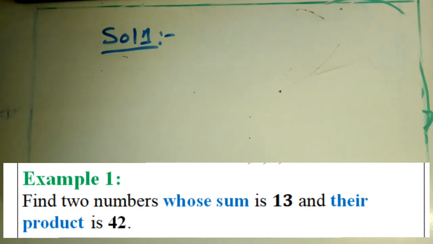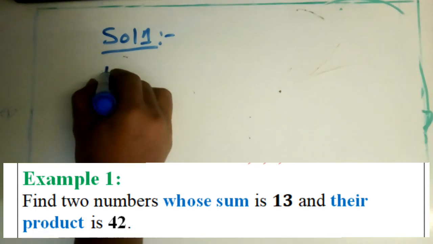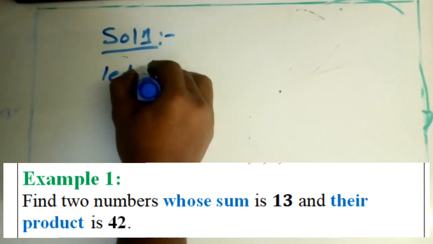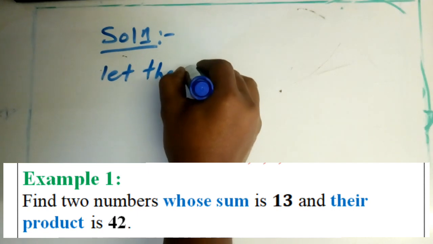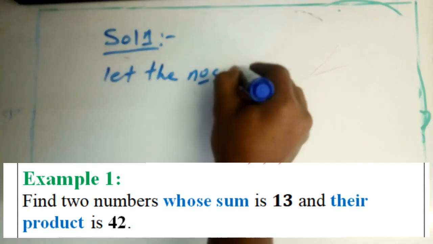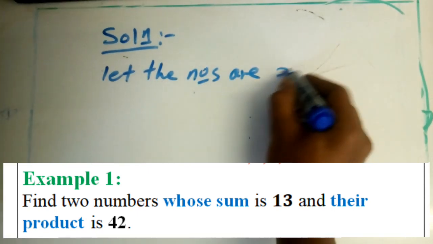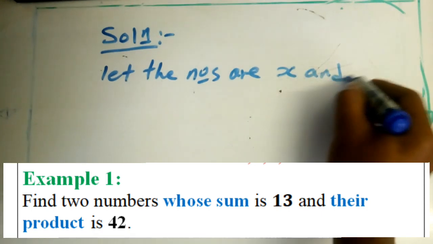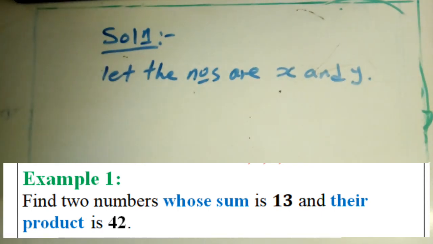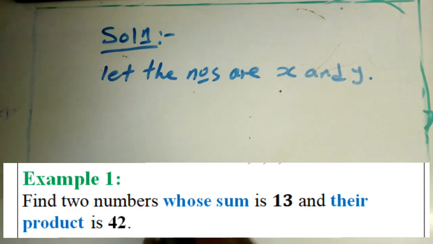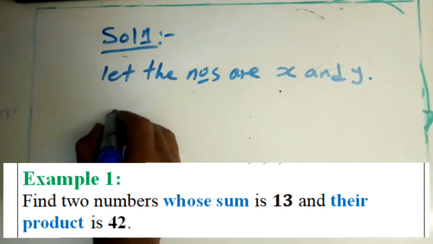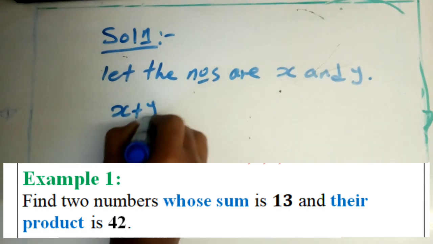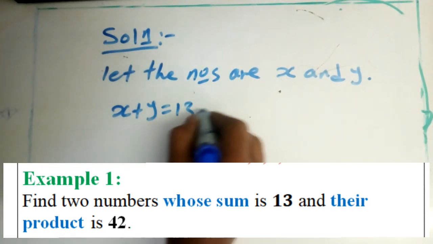As I folded it with the blue color, two things are given. There are two numbers. Let the unknown numbers be X and Y. Taking the statement whose sum is 13, that means X plus Y is equal to 13.